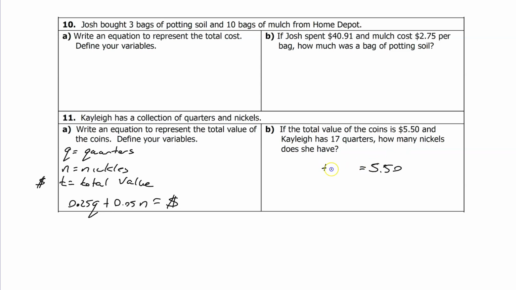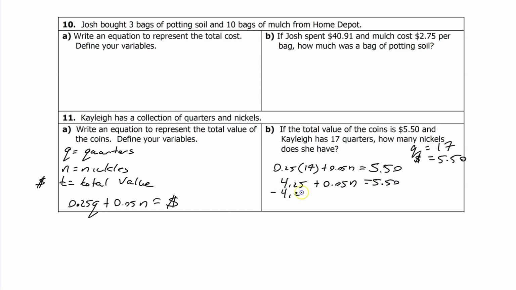We know we have 17 quarters, and a quarter is 25 cents, times 17. So Q equals 17, and our dollar sign equals 550 cents. Now we have to do 17 times 25, which gives us 425, plus 0.05 N equals 550.